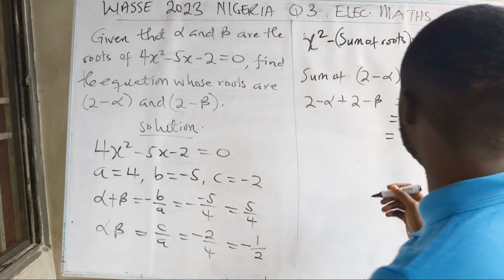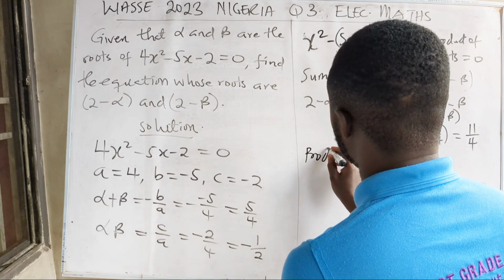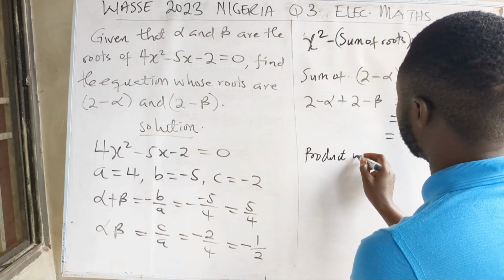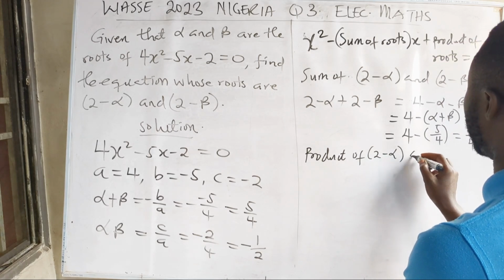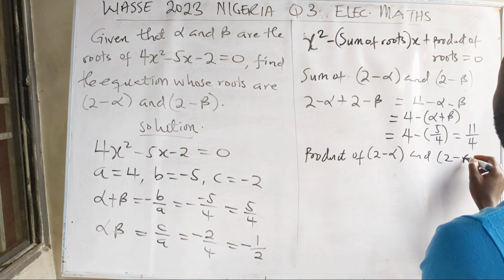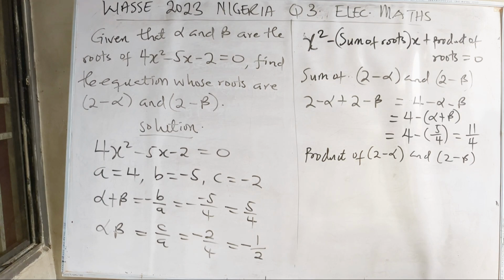Alright. Then the product. So product of 2 minus alpha and then 2 minus beta. Product means I'm going to multiply the two.